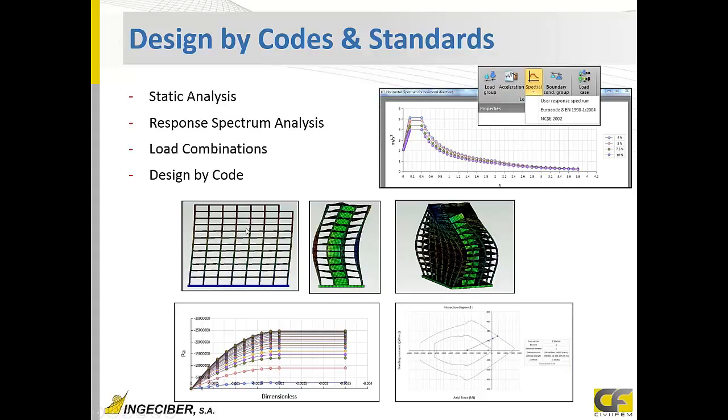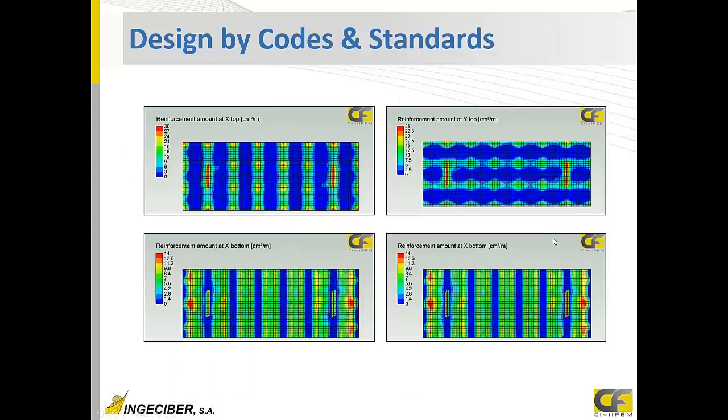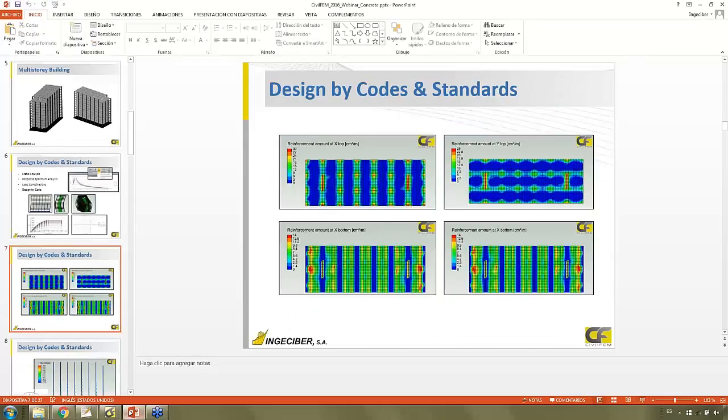So we are solving with elastic linear behavior, but we are adding nonlinear behavior in the post-processing, creating the interaction diagram, taking into account this parabola-rectangular law, and checking if forces and moments are inside, if we are checking our design, or calculating the minimum reinforcement amount for the section to be okay. And some results we can see here.